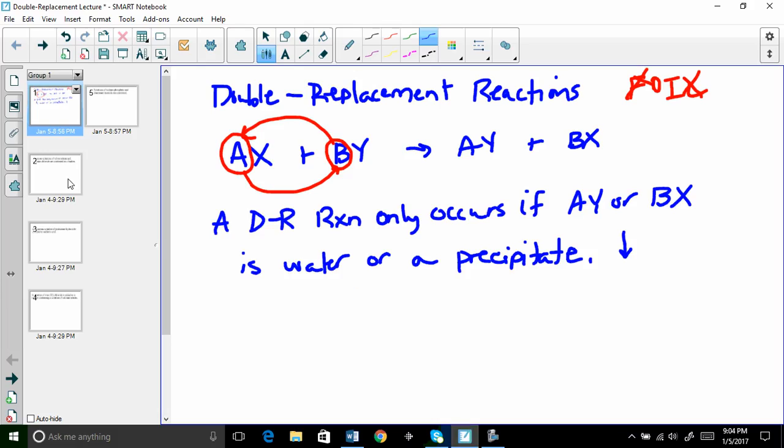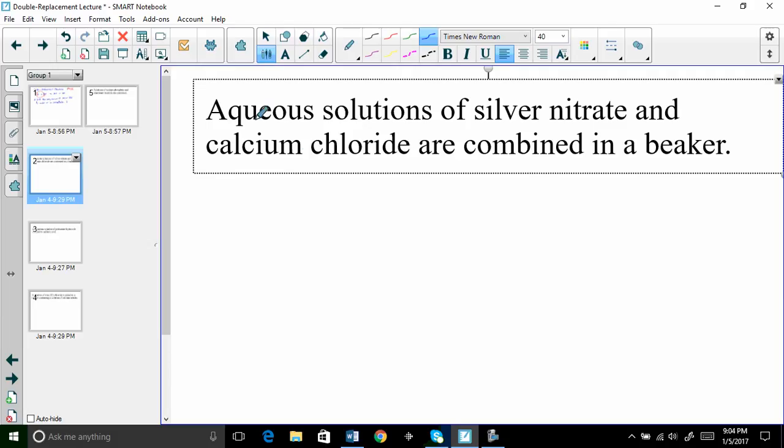All right, so here's my first example. This is what we do. The first thing you do is circle the two reactants. Silver nitrate is combined with calcium chloride, and so this is a double replacement. Why? Because silver nitrate is a double. It's got a positive ion and a negative ion, and calcium chloride is a double.